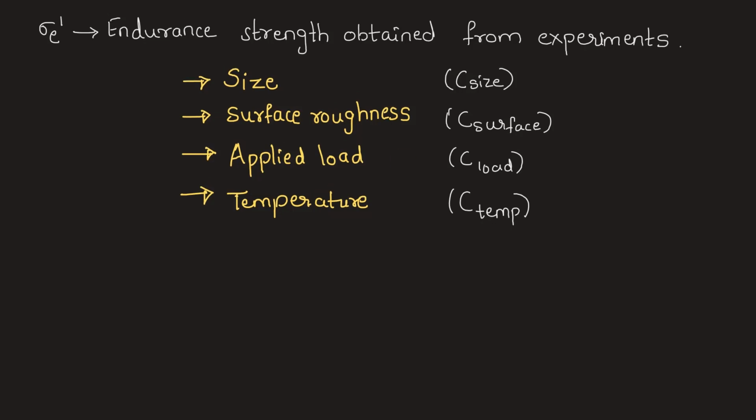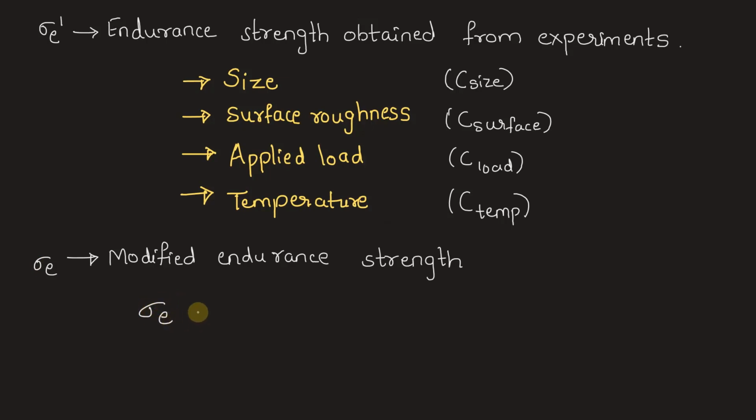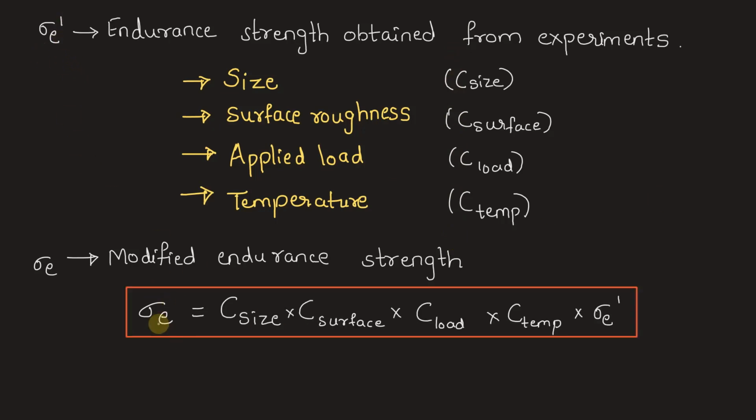So finally, the modified endurance strength, let that be sigma E, can be written as sigma E equal to the product of all these factors times sigma E dash. So the corrected or modified endurance strength can be given by this formula.